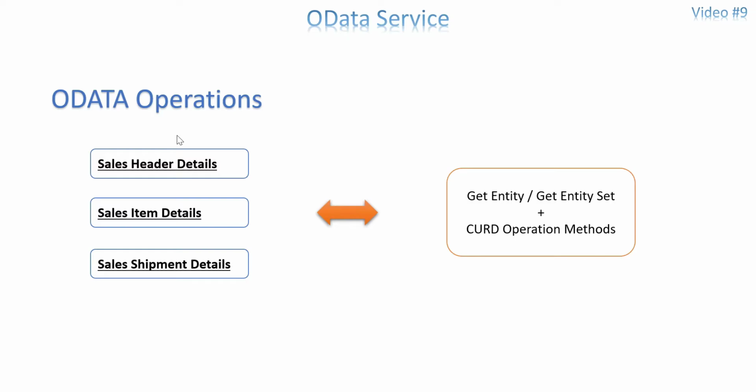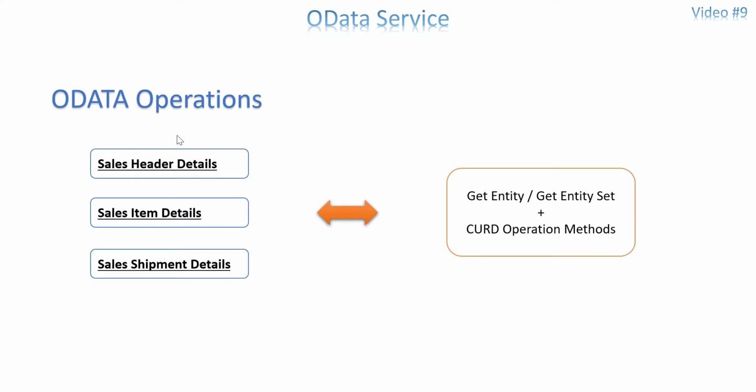Suppose you have a business scenario that is not able to be managed with the CRUD operations. We have a lot of options, but based on the business scenario, somewhere it is not possible with these CRUD operations. In that case, go with the function import.